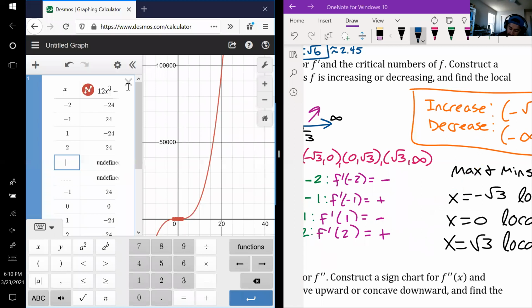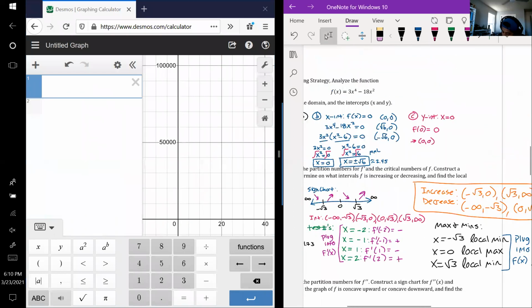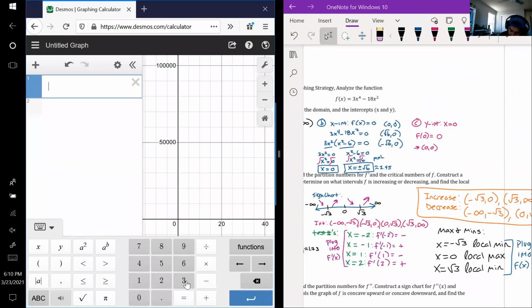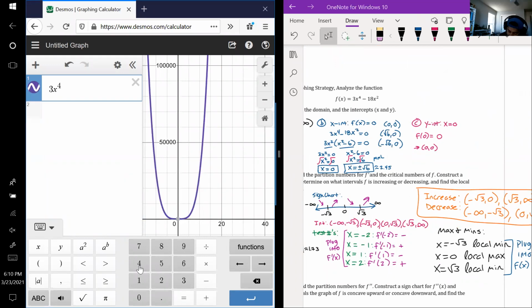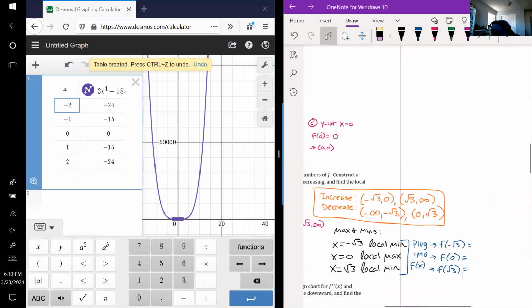Now I need the original function, which is right there: 3x to the 4th minus 18x squared. Table, come here.